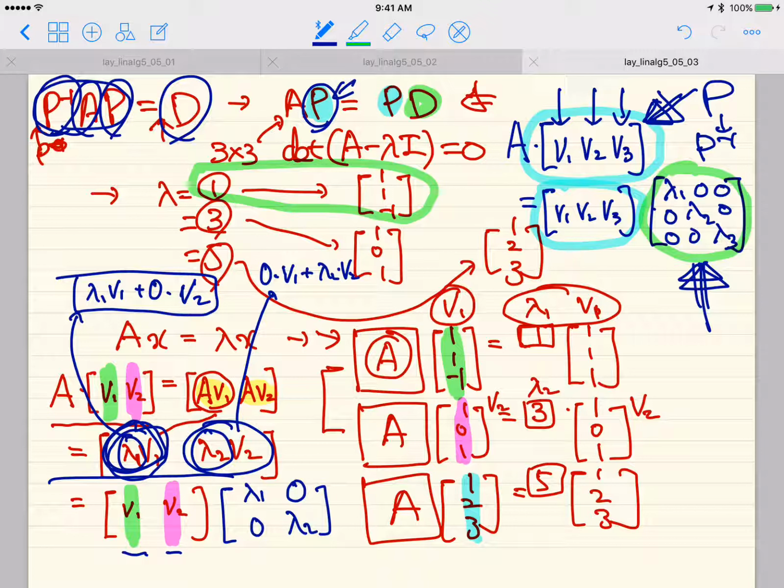Okay, so that way this is viewed as the similarity transformation of making your matrix A into the diagonal matrix D.